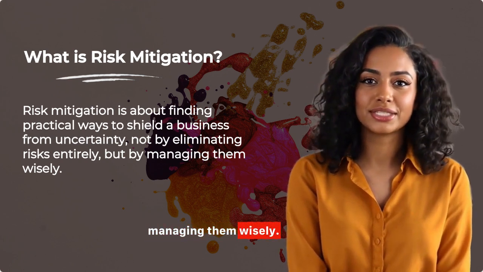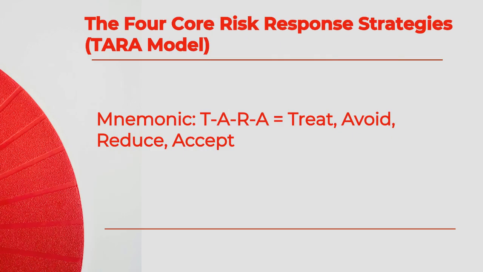The 4 core risk response strategies, the TARA model. 1. Treat, reduce: lower the risk's impact or likelihood. Example, installing fire alarms or doing regular staff training. 2. Avoid: change plans to sidestep the risk entirely. Example, not entering an unstable foreign market. 3.